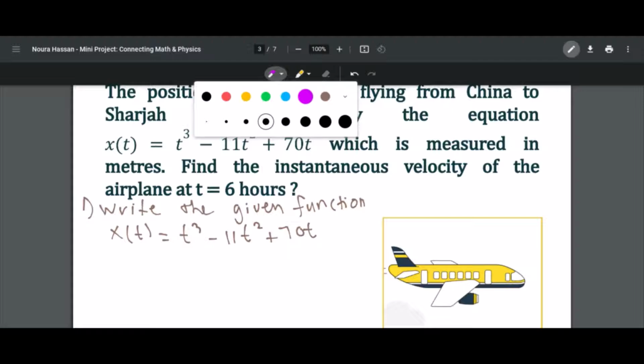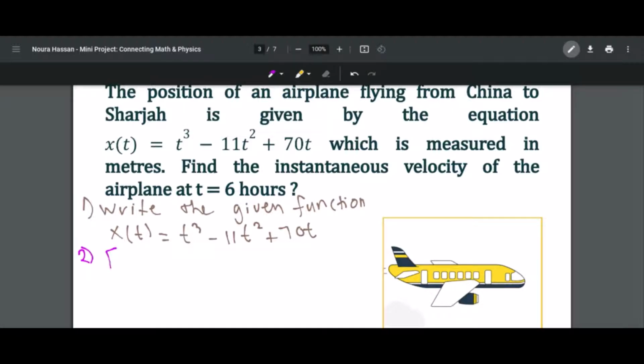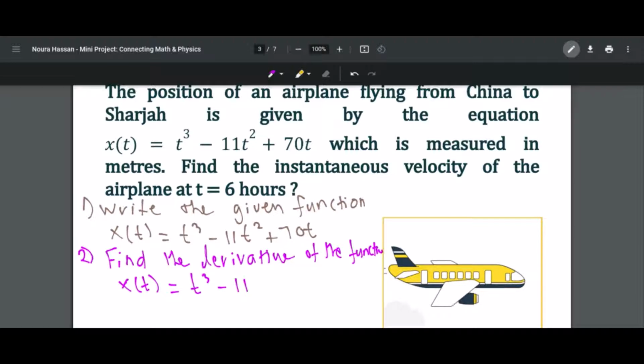Step 2 is to find the derivative of the function, which will be x of t, that will equal t cubed minus 11t squared plus 70t.